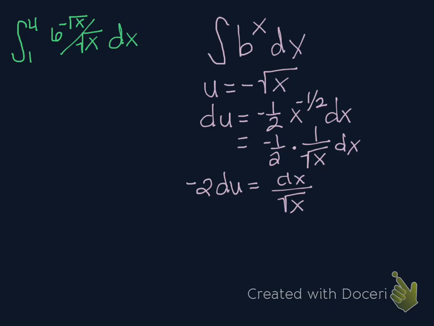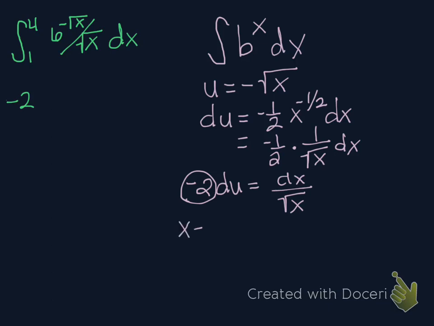And I have dx over root x right here, right, because this x is in the denominator, so this is dx over root x. So what I need to do is replace this guy. So I'll move him to the outside. I have negative 2, oops, I forgot a step. I need to change these guys in terms of u. So let's go over here and do that.